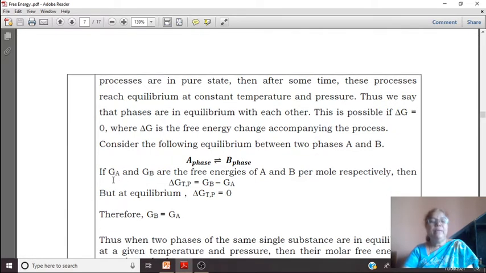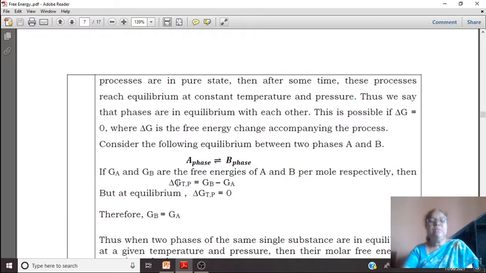If we consider Ga and Gb as the free energies of A and B per mole respectively, then delta G at constant temperature and pressure is equal to Gb minus Ga.